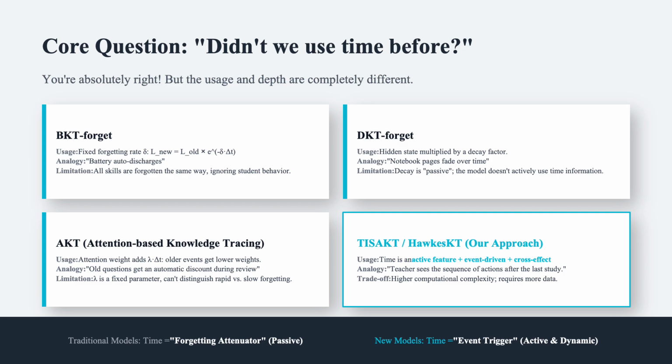TISAKT and HawkesKT are different. They treat time as an active, first-class feature. They model learning as a sequence of events where the timing of each event directly influences future behavior. This is a much more sophisticated and realistic approach to understanding how humans learn and forget.